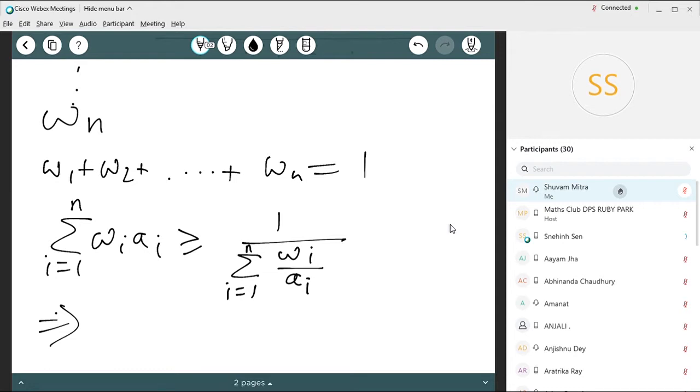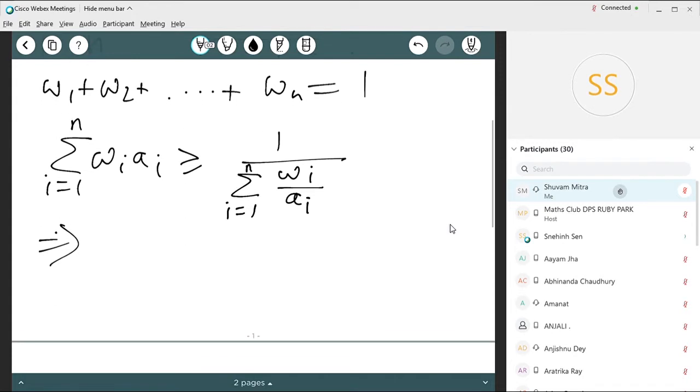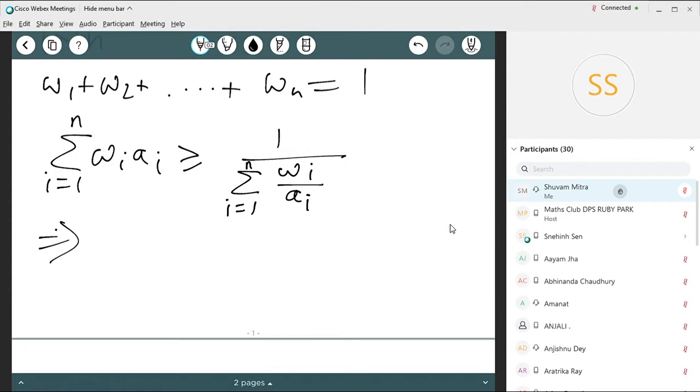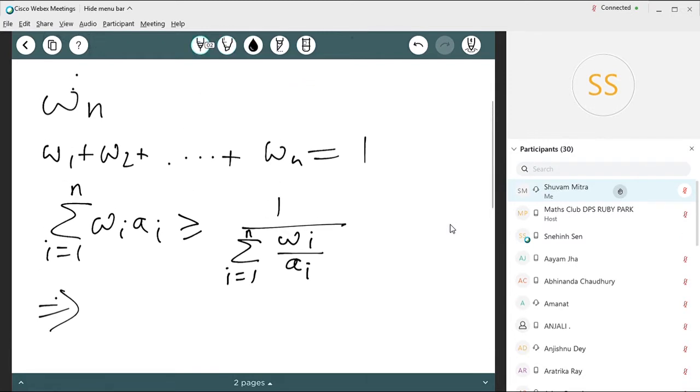Okay. Wait a second. We have to use this, but with some adjustments. I'll just look at the adjustments later. Let's continue from here. Left hand side is 1. No, it's not working. Wait, one second.